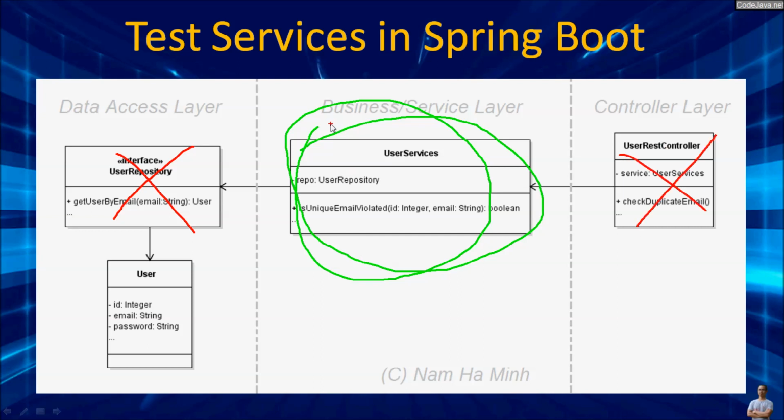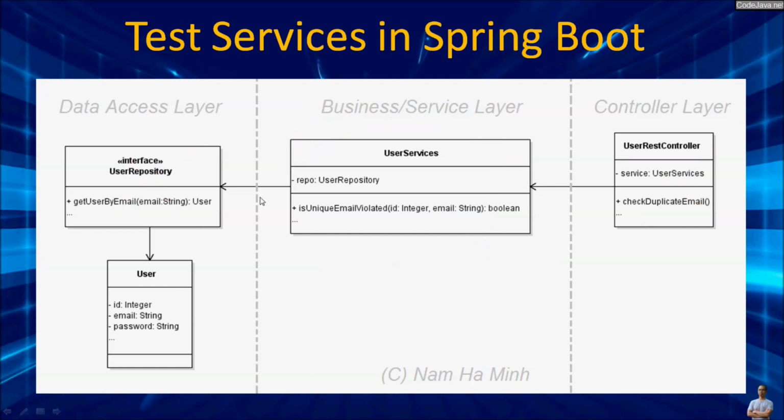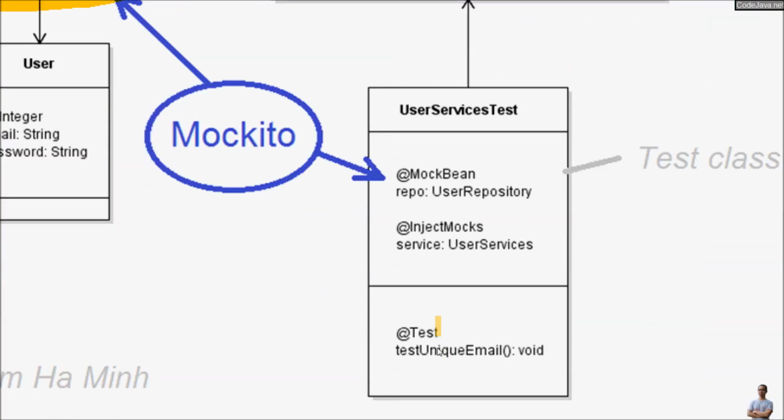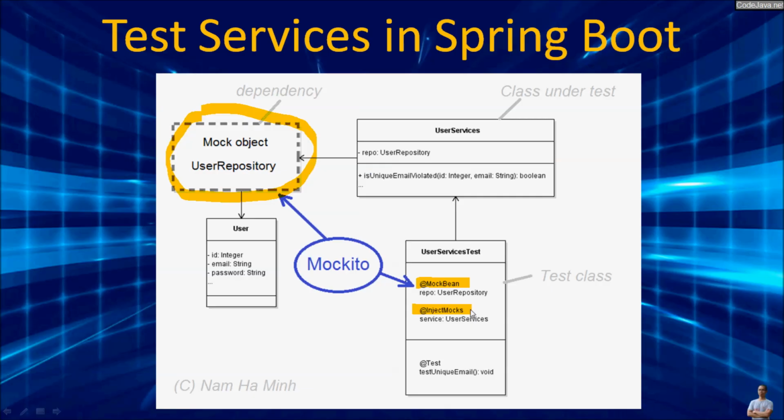We just test the business or service class. That's why we need to use Mockito, a mocking framework, to make fake objects for the repository here. So in this test class, we need to use some annotations like @Mock and @InjectMocks to create a mock object for the repository, the dependency, and inject the mock object into the service or business class.